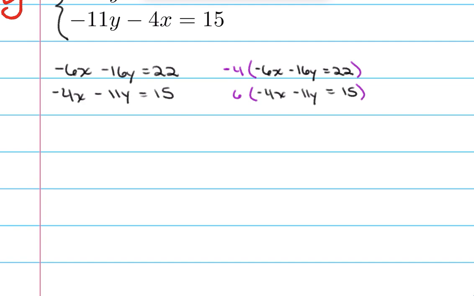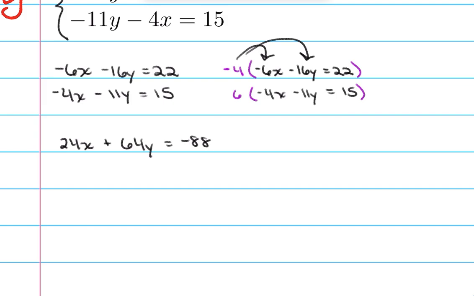Okay, so when I multiply all of that through, I am going to end up with 24x plus, sorry, lost my place, plus 64, positive 64y equals negative 88.